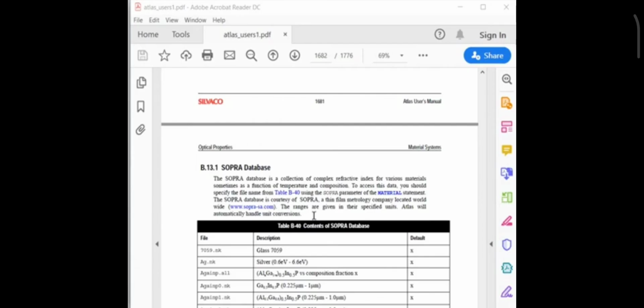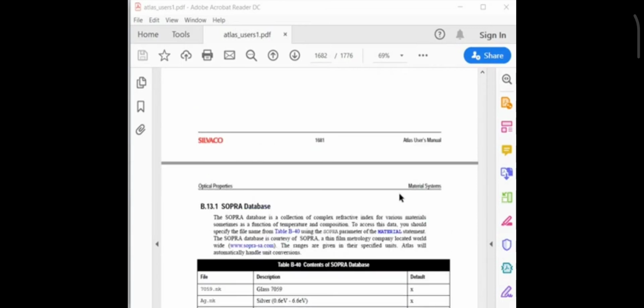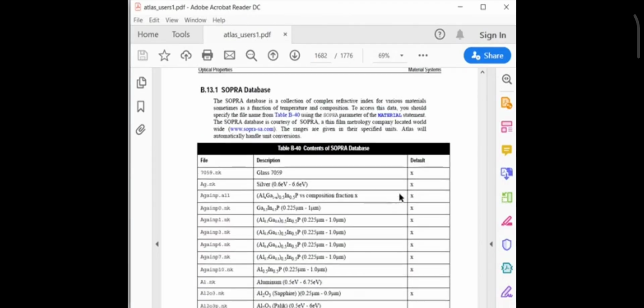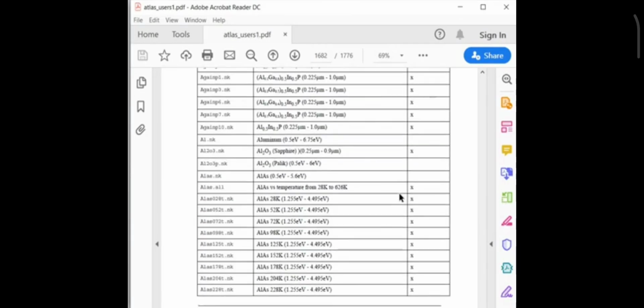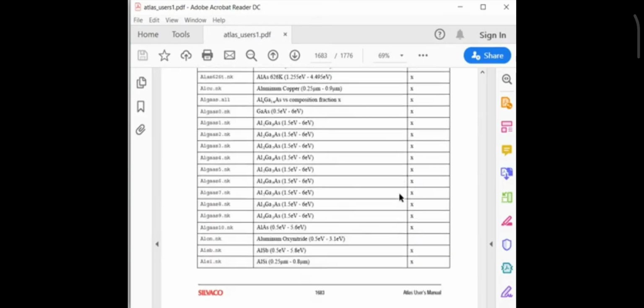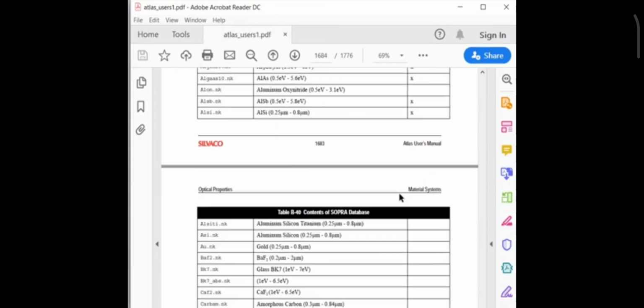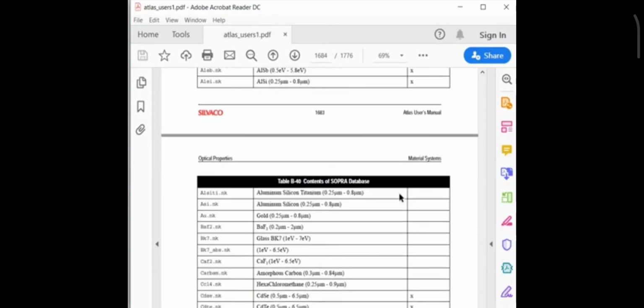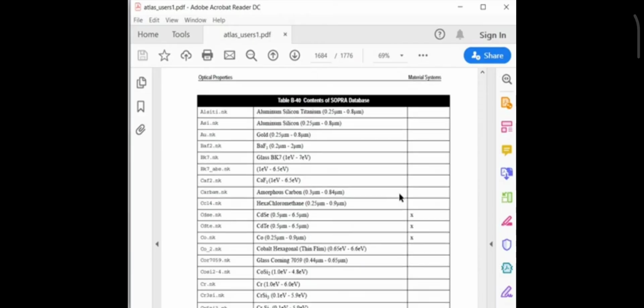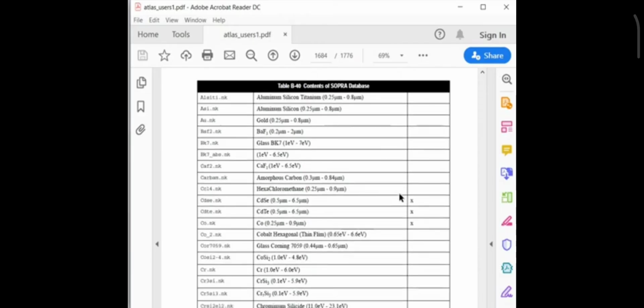Simply, you define SOPRA equal to, and you can call any file from the SOPRA database. The first file is 7059.nk, and AG.nk; you can call any file that is represented in the database. If you are using any other material that is not mentioned in the B40 table, then you have to define its NK file by using the previous method.